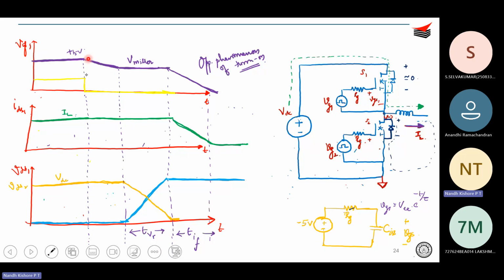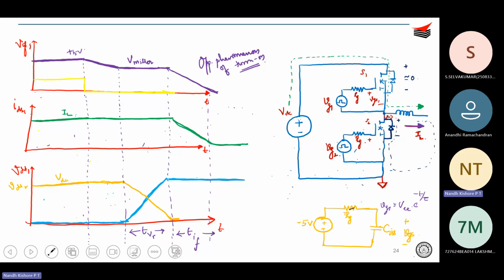Once it starts to fall, if I want to turn off S1, it means the current IL has to be carried by the freewheeling diode of S2, through this diode as indicated in the dark blue line. That current will flow through the antiparallel diode of S2.